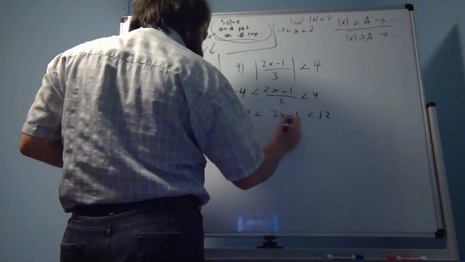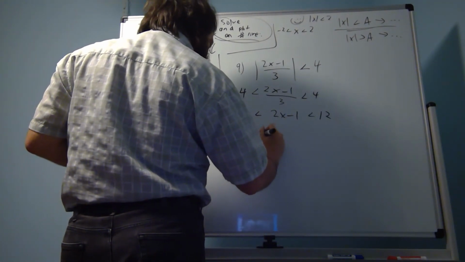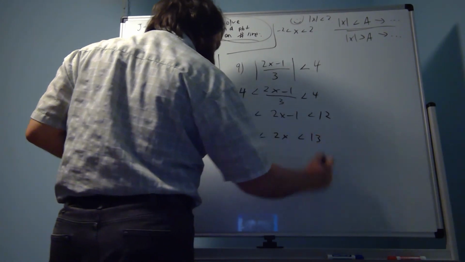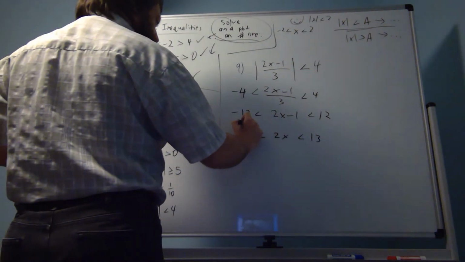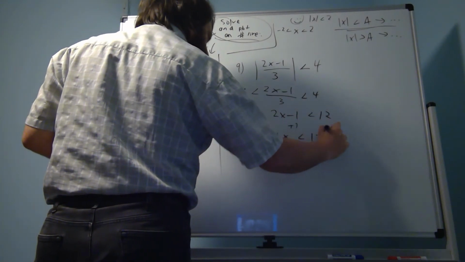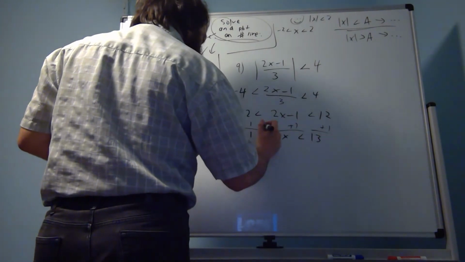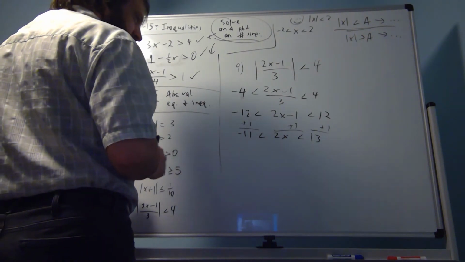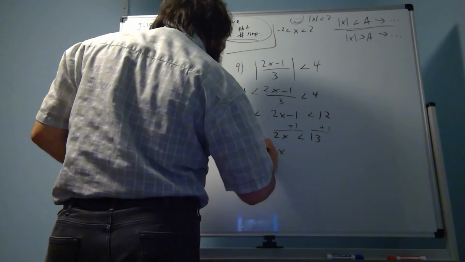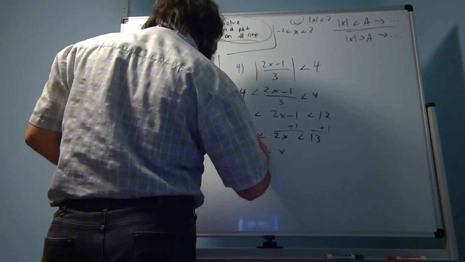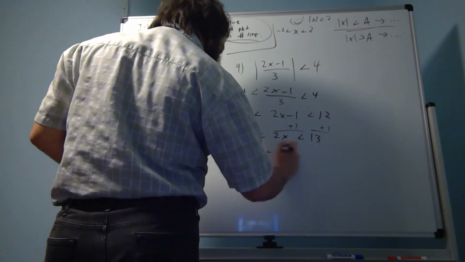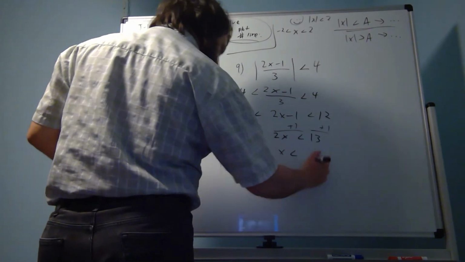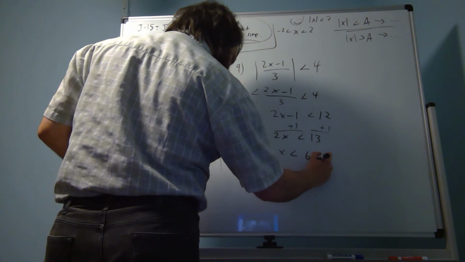Add 1 to both sides, I get negative 11 is less than 2x, which is less than positive 13. So x is bigger than negative 5.5, but x is less than, divide 13 by 2, you get 6.5.